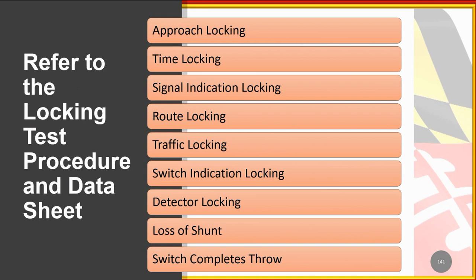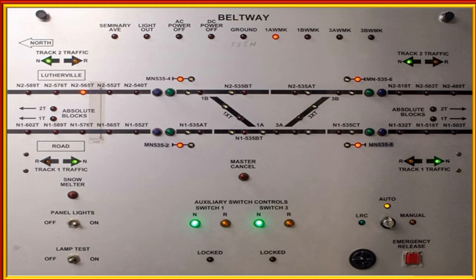Okay, the next one I'll talk about is time locking. The time locking test basically ensures that once the signal has been cleared and returned to its most restrictive aspect, the route cannot be changed nor any conflicting routes or opposing signals be cleared until their predetermined time interval has expired, which is 90 seconds. Now, that sounds familiar, doesn't it?